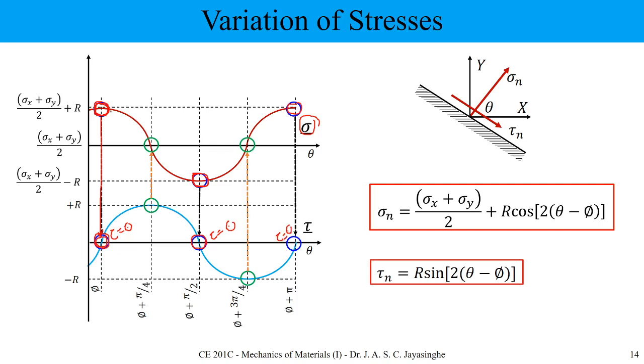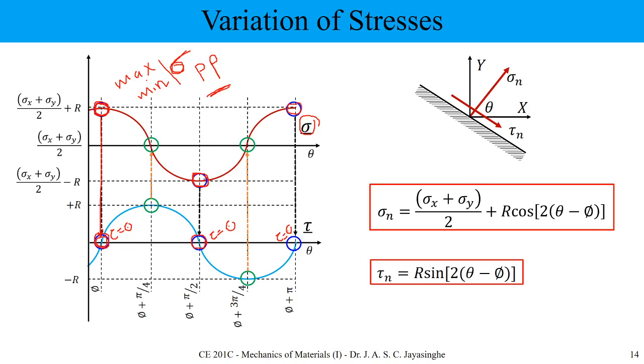These planes, where we can see the maximum and minimum normal stresses, we are going to give a special name: we call them the principal planes. These stresses we give a different name now: principal stresses.